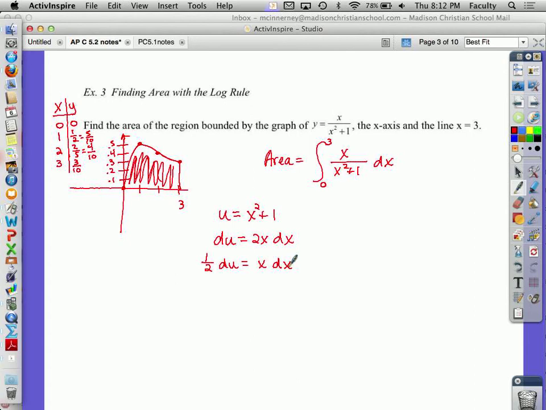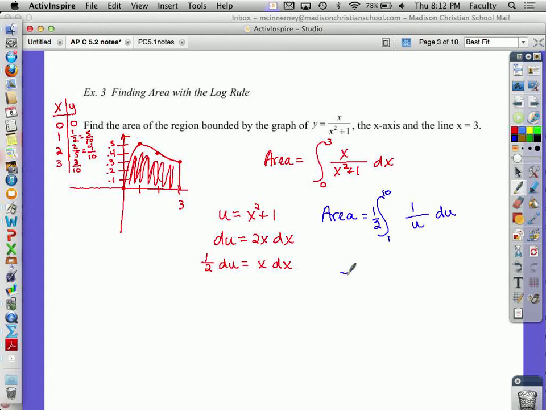And then remember when we talked about changing the limits of integration, since I'm doing this, I can do it in terms of u. So instead of it starting at 0, that's going to start at 1. If I plug in that x is 3 over here, that's 3 squared plus 1, that's 10. I have the 1/2, and then it's 1 over u du.